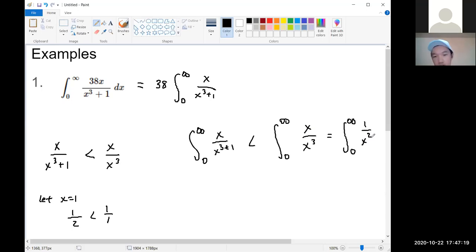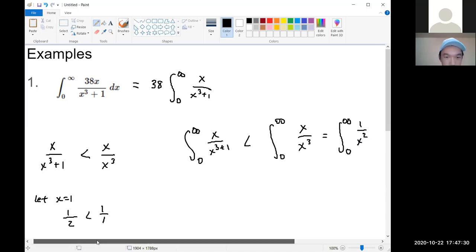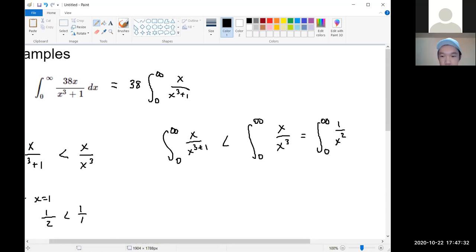And this integral, 1 over x squared, do you guys remember what we said about that integral from last time? It's convergent. Yes, it's convergent. So remember that when it's in the form 1 over x to some power, if the power is greater than 1, it's convergent. So this is convergent.